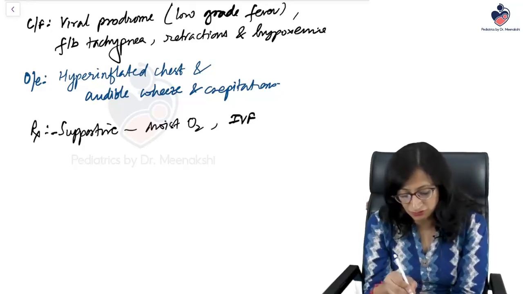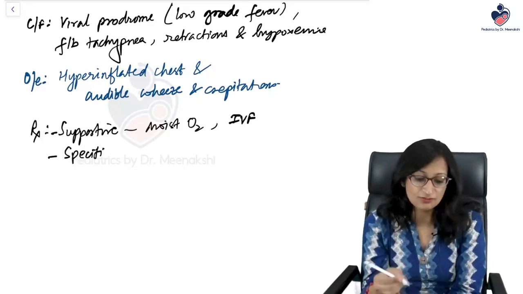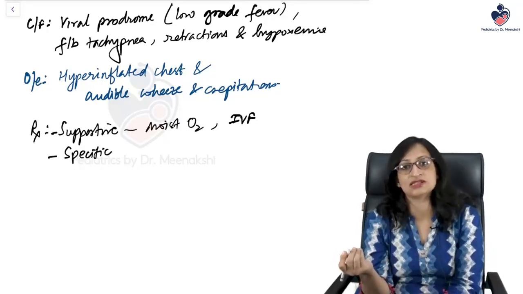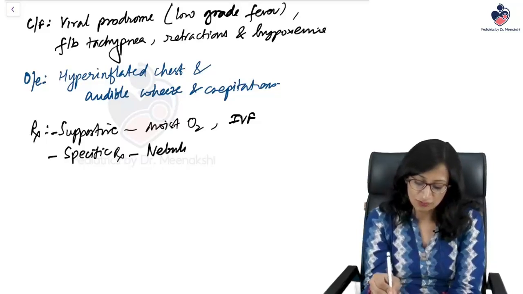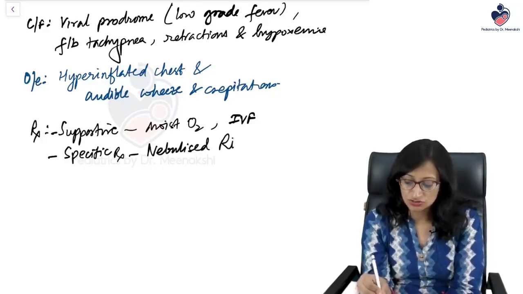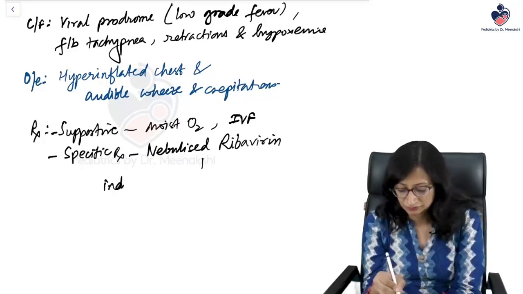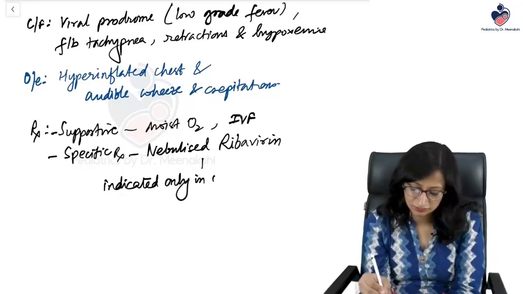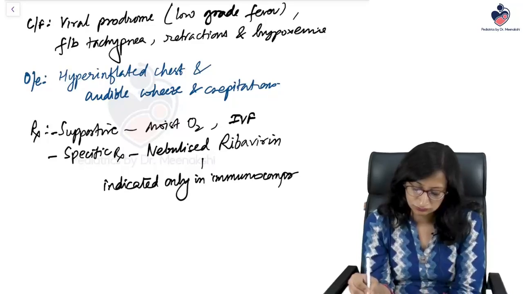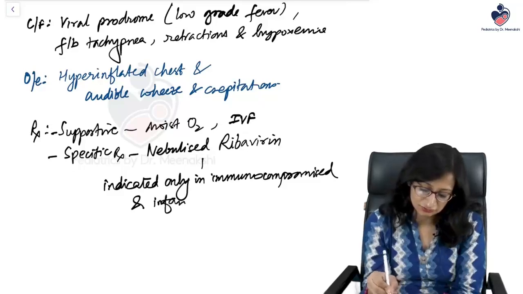Specific treatment is available in the form of nebulized ribavirin, important for your MCQs, but usually not used in practice, and it is indicated only in immunocompromised children and infants on ventilator.